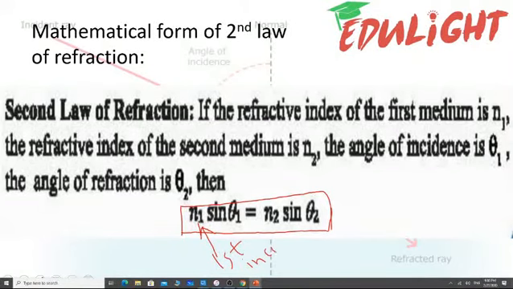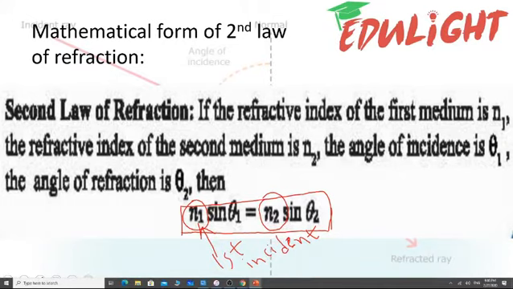The incident medium, where the light will be incident, we call the incident medium, and its refractive index is n1 or eta 1. And the medium on which light will be refracted will be called n2. The refractive index of that medium will be n2.